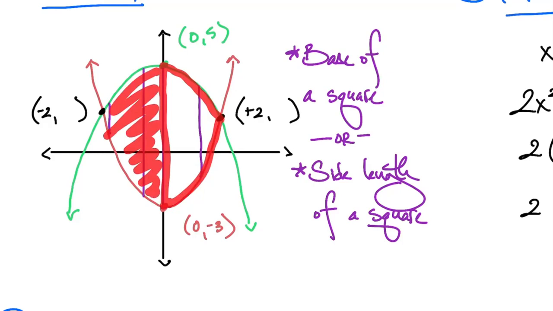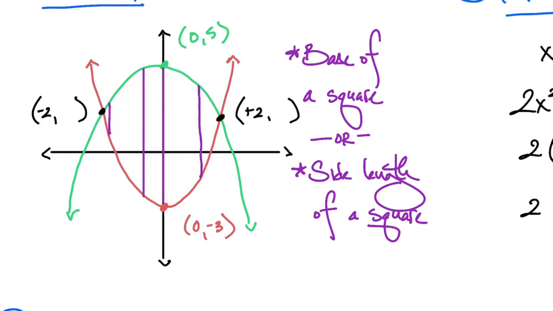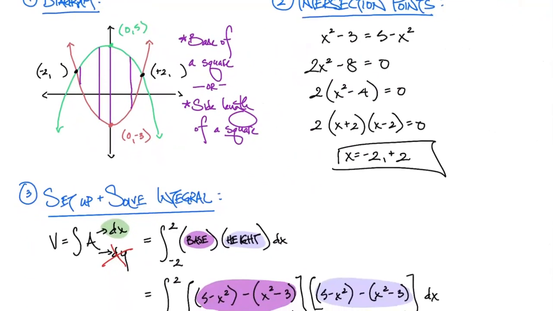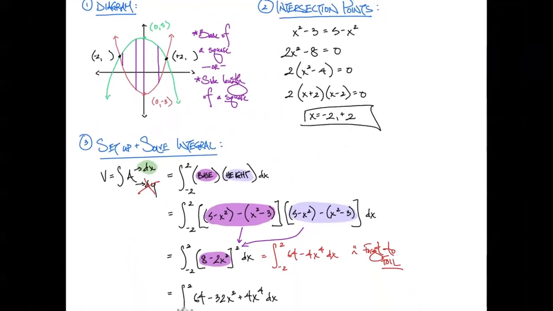They're even functions, meaning that you can fold them along the y-axis, and they're the same. So I'm going to say this: I don't like working with negative numbers because I'm probably going to make a sign mistake. So I only want to find the volume on the right half, and then I'm going to multiply it by 2 to get the entire thing. Okay, that's my reasoning here. I'm going to find half the volume, and then I'm going to double it.